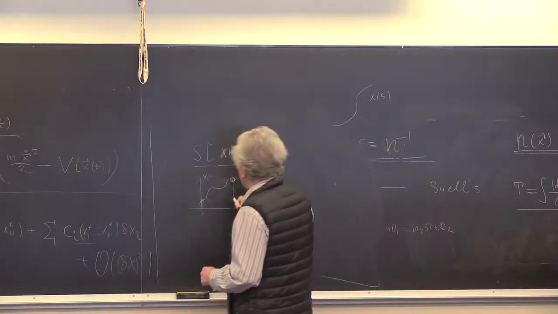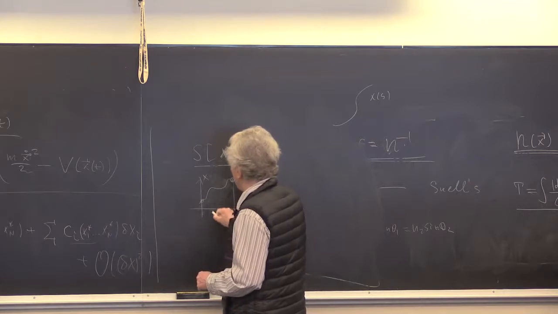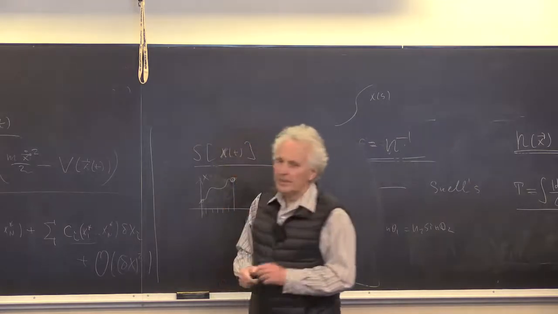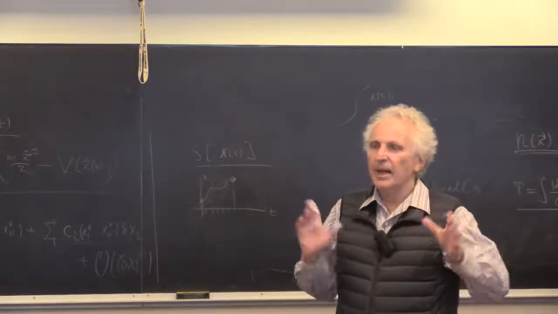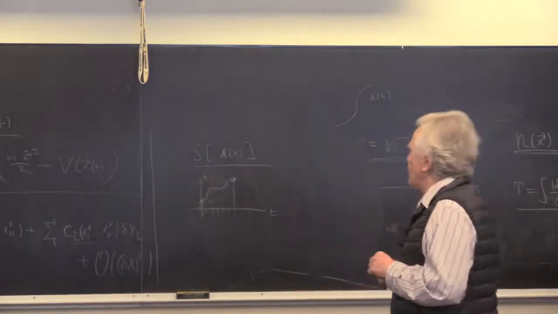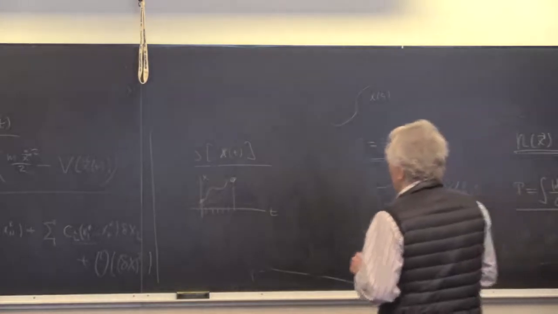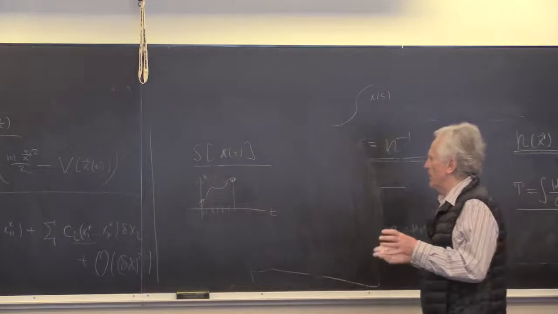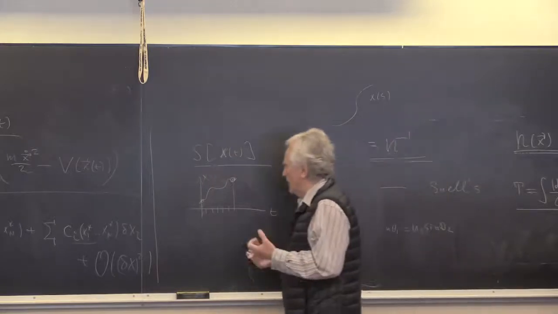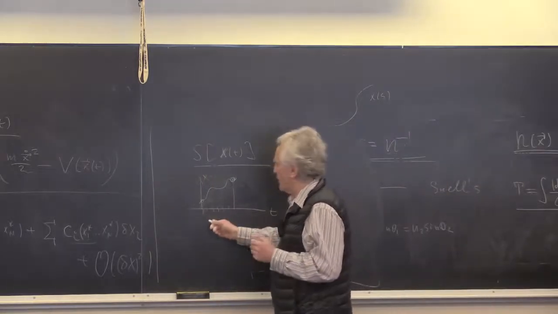Imagine that I discretize time. We don't know whether time is continuous or discrete, or most likely it is neither. But here we discretize time for purely technical or calculational reasons.